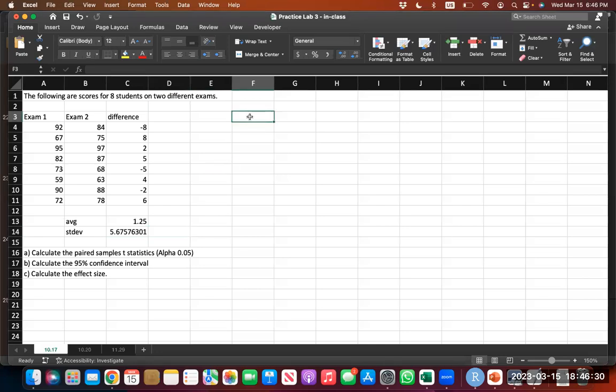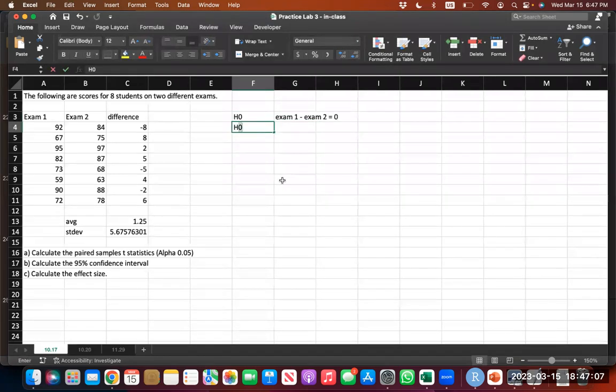So, okay, we know the comparison distribution. We know the population that we're investigating is the 8 students. We know the assumptions: normal distribution, randomly sampled, and they are independent from each other. So now we need a null hypothesis. So our H0 is here, exam 1 minus exam 2 equals 0, right?